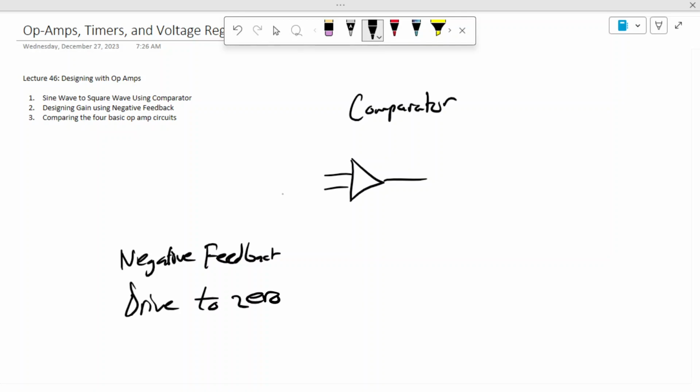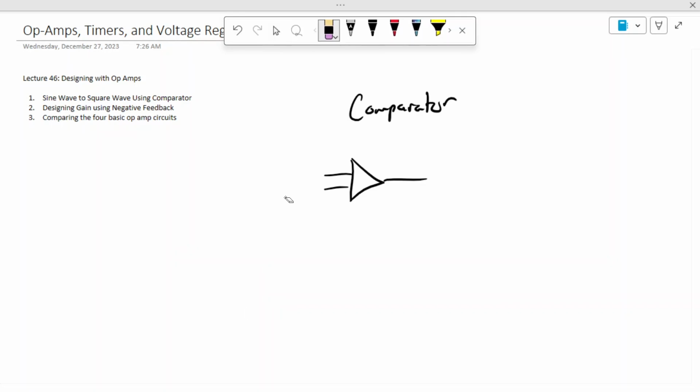So it's trying to zero things out on the input side, and the output will do whatever it needs to do to balance it out. A way to think about that is like a thermostat. If the temperature gets too cold, the output of my heater will increase in order to balance that back out again.